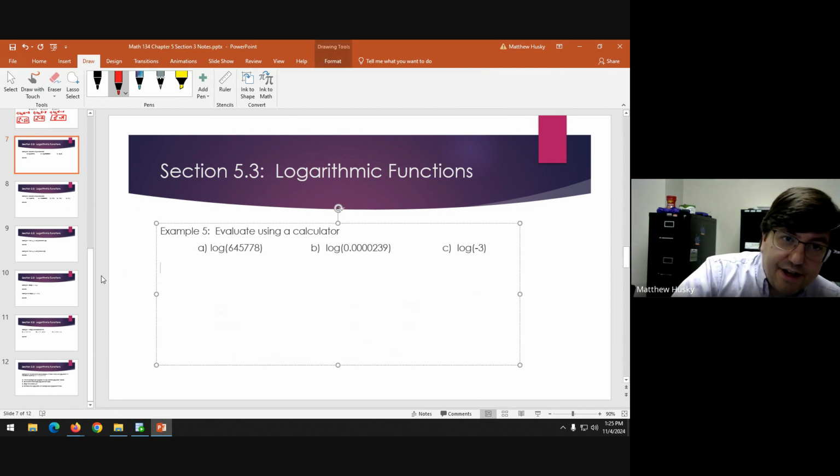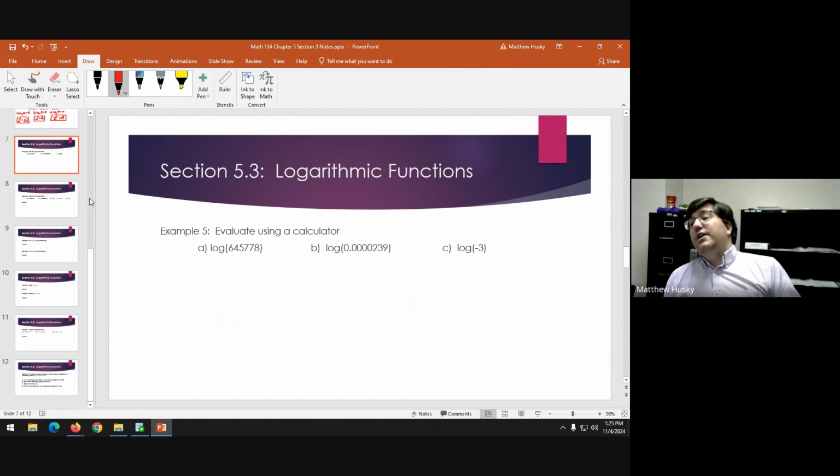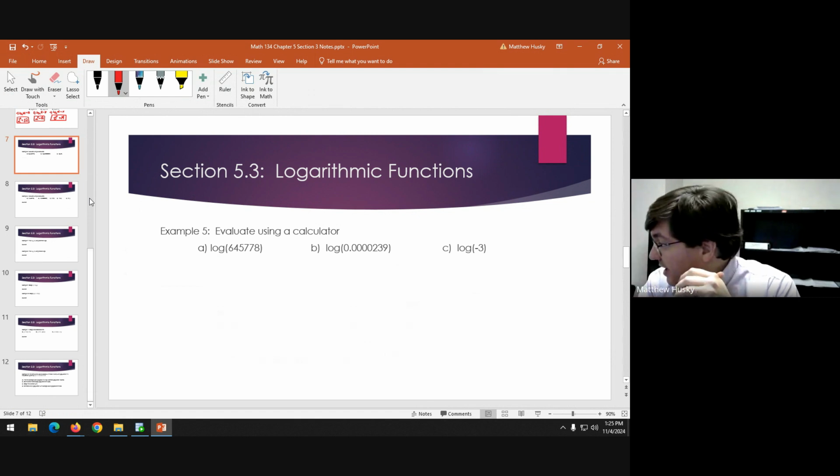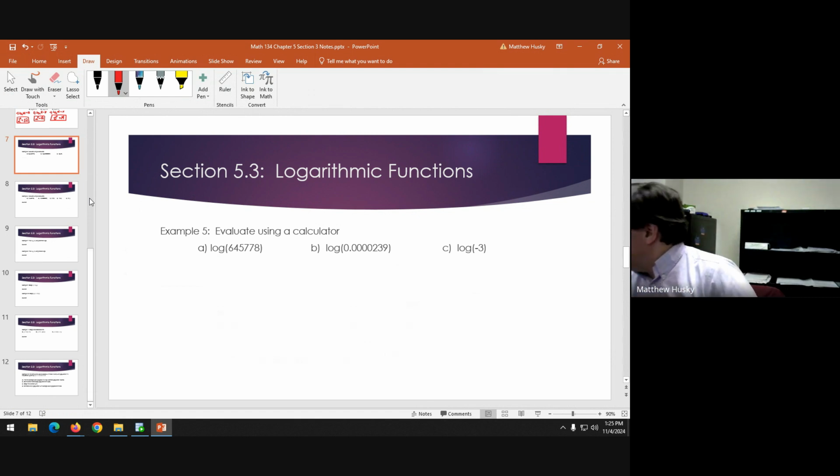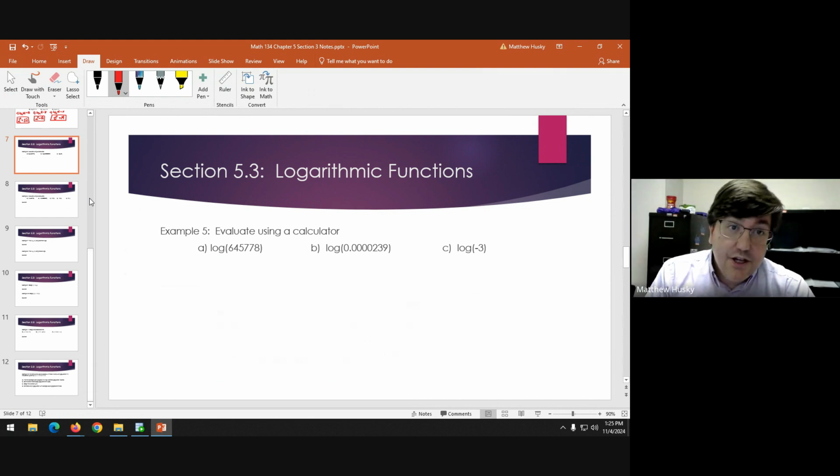Evaluate using a calculator. All right, these should be some of the simplest problems ever. The main thing is make sure that whatever calculator you're using, you know how to find the log button on it. Some calculators you have to type in the number first and then hit the log button.